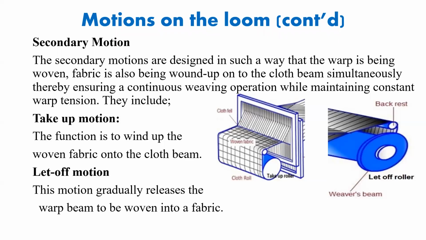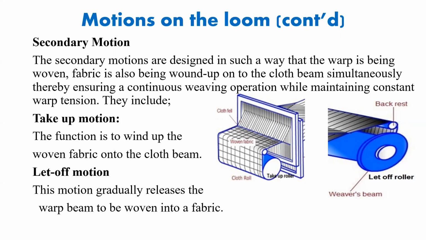The secondary motions are designed in such a way that while the work is being woven, the fabric is also being wound up onto the cloth beam simultaneously, thereby ensuring a continuous weaving operation while maintaining constant warp tension.